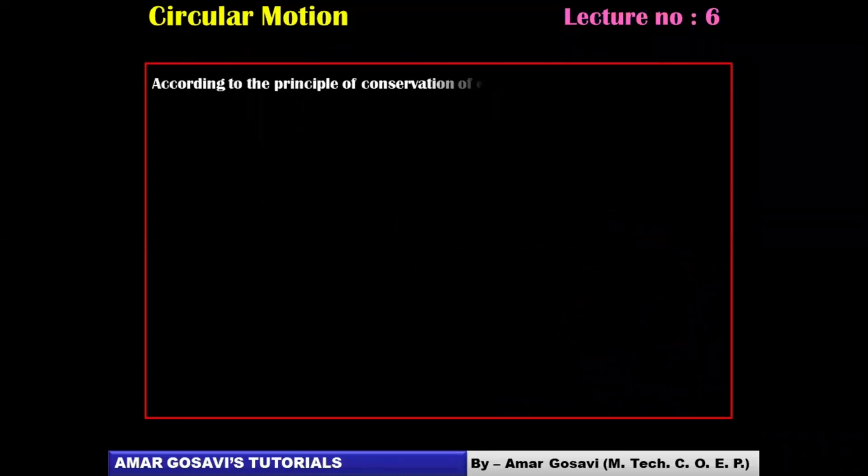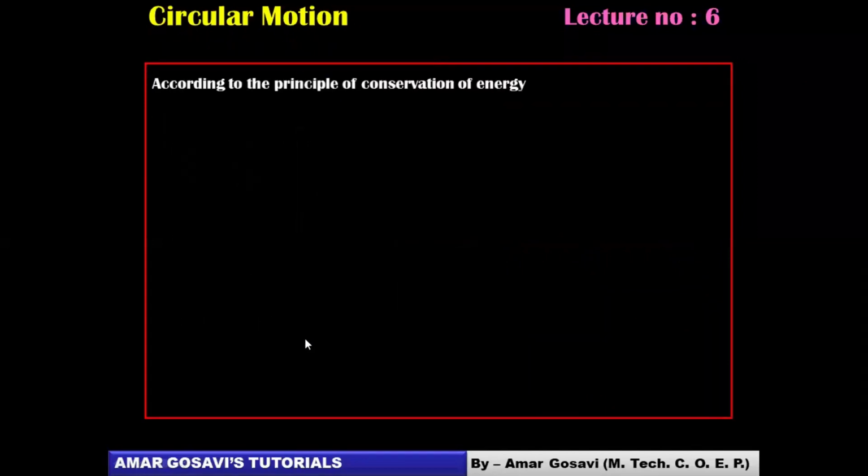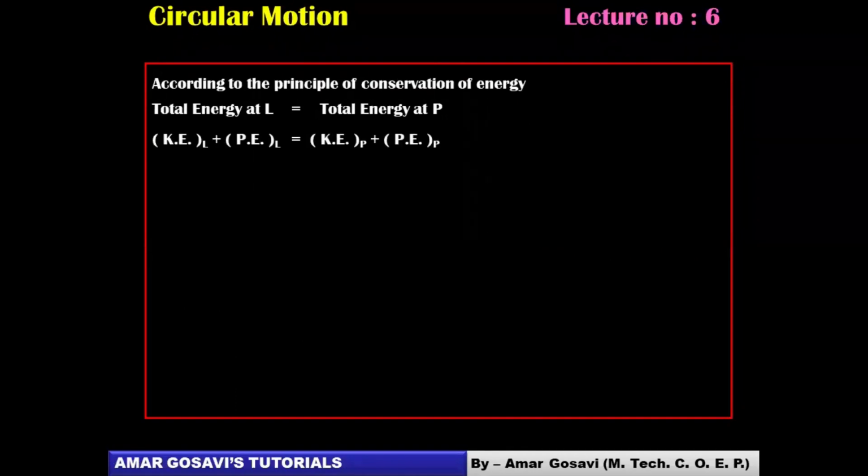So according to the principle of conservation of energy, again let's get back to this. Whatever was the total energy at the lowest point should be equal to the total energy at point P. So that's what the total energy principle says. So again we place the equation in a similar format.